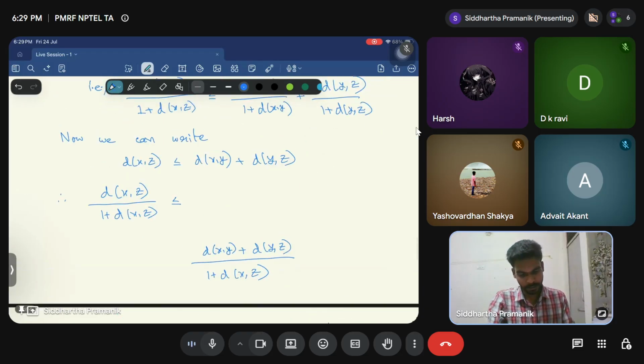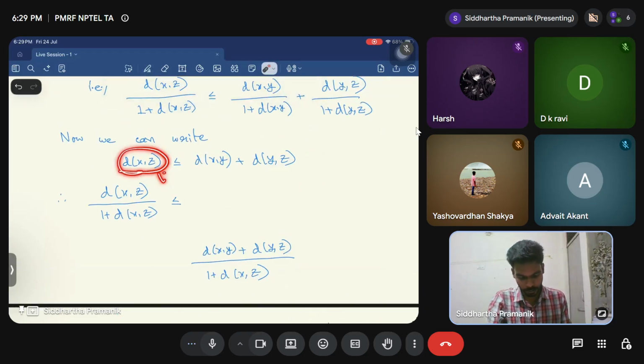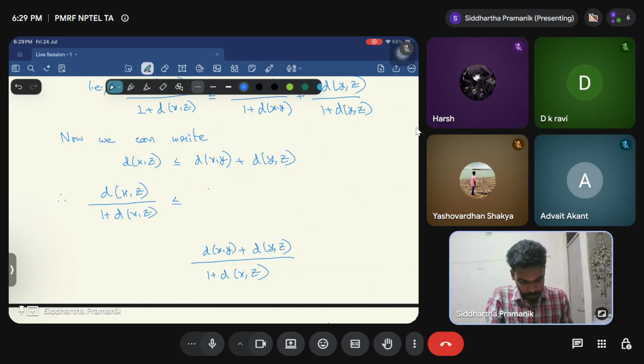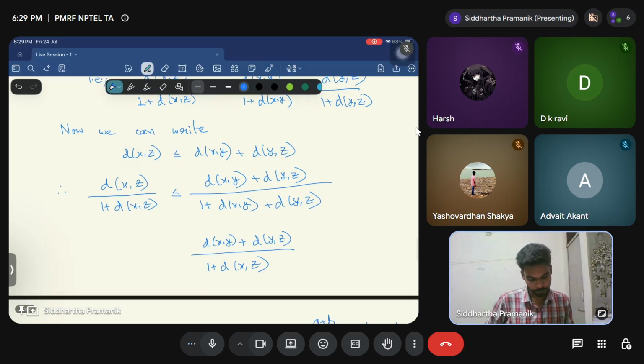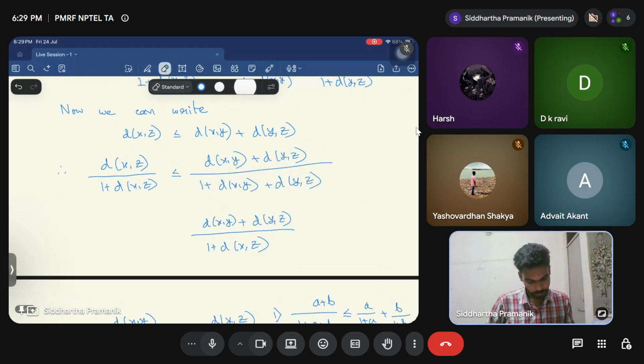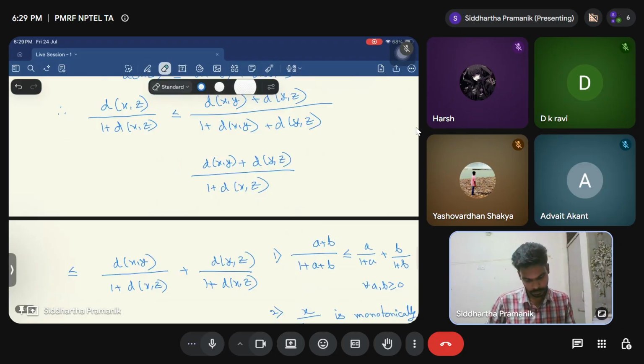So apply that thing, as this is x1 and this is x2. So then we can write this is d of y, z over 1 plus d of x, y plus d of y, z, right?